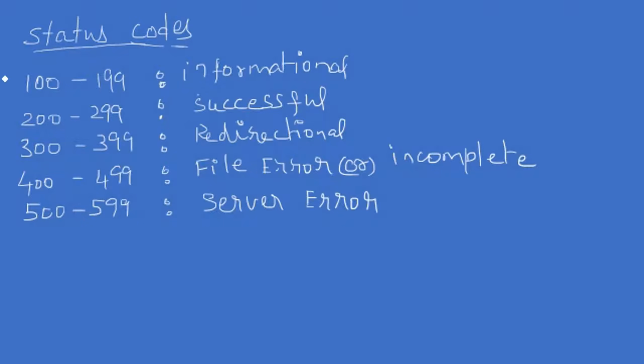So if you see here, the status codes are categorized from 100 to 199, it's informational. Then 200 to 299, the codes fall in this range and they denote a successful message. Then 300 to 399, redirectional status codes.